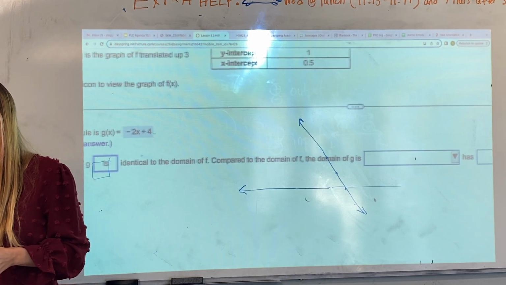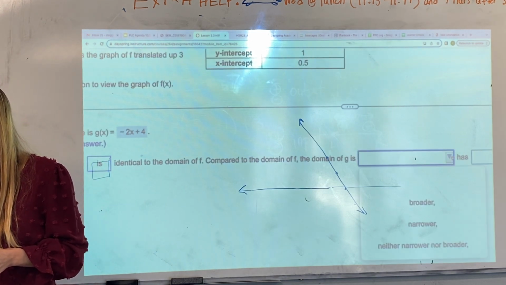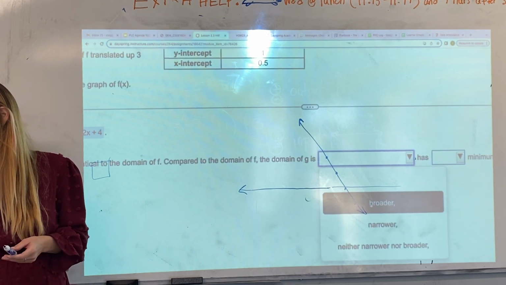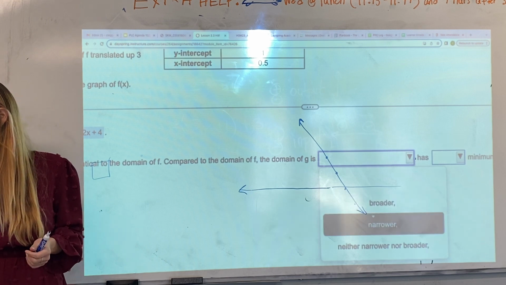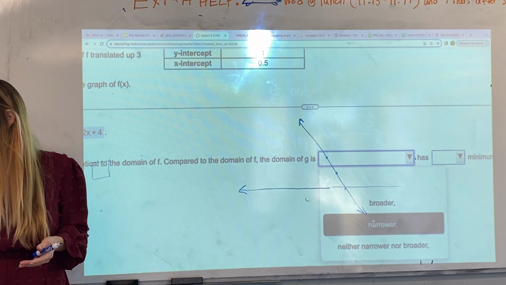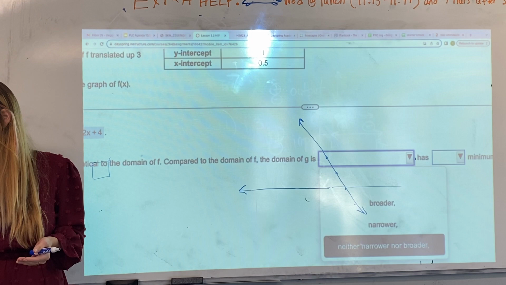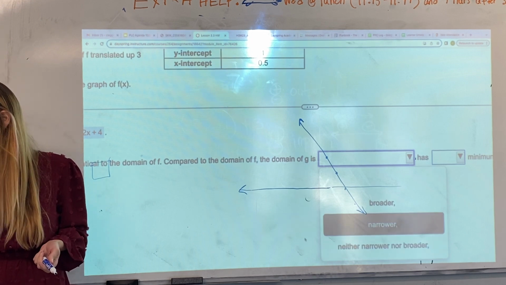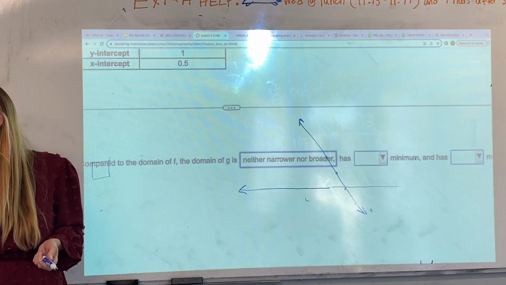Compared to the domain of f, the domain of g is, okay, well if it's identical, is the domain broader, meaning has more numbers, narrower, has fewer numbers, or neither narrower nor broader, has the exact same numbers? Neither, because it's the exact same numbers.